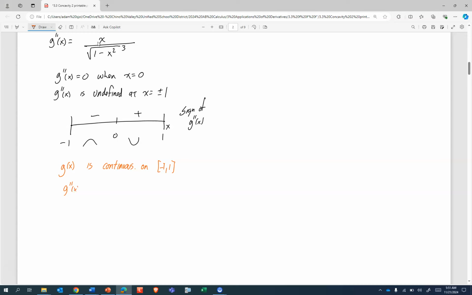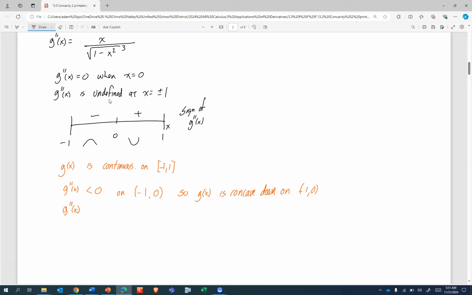G double prime of x is less than 0 on negative 1 to 0. Open endpoints. We can't include negative 1, remember. That's where g double prime was undefined. Anyway, so g is concave down on negative 1 to 0.